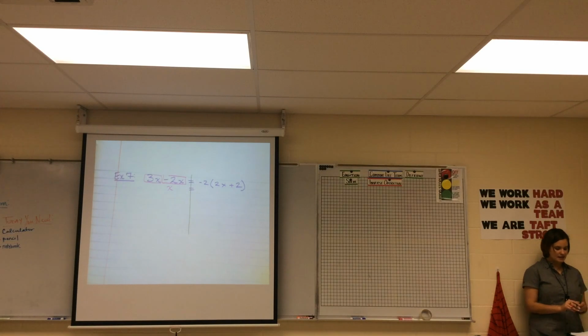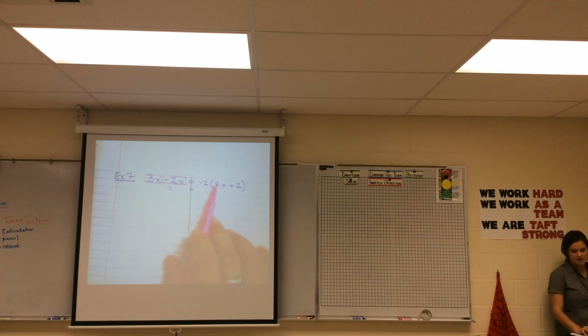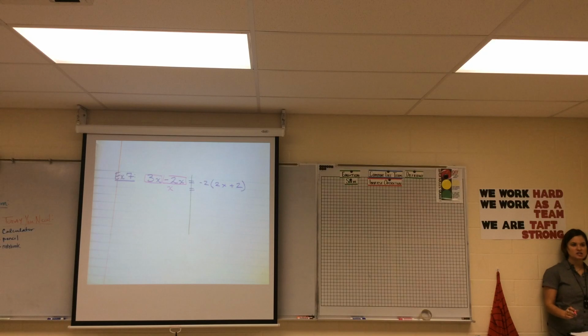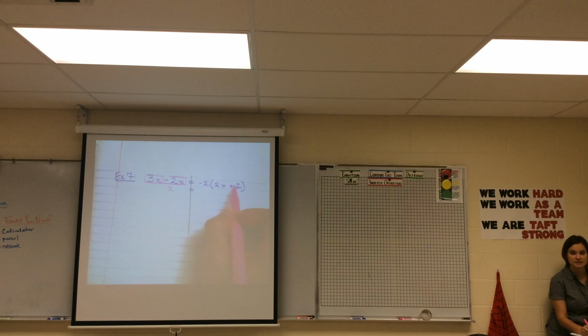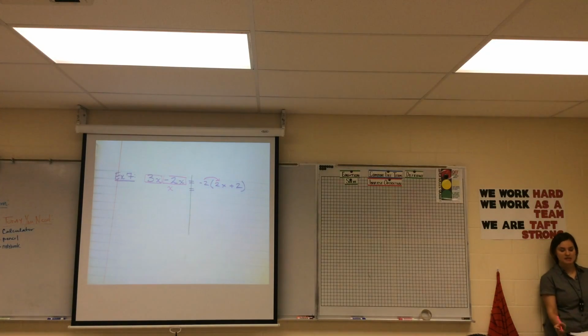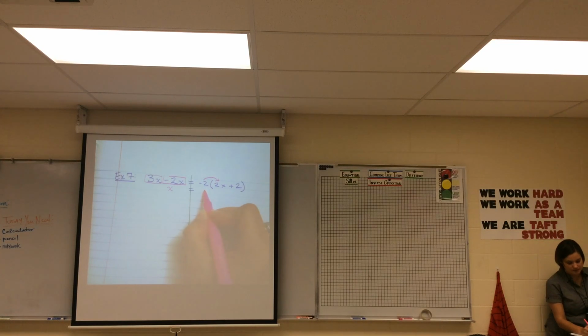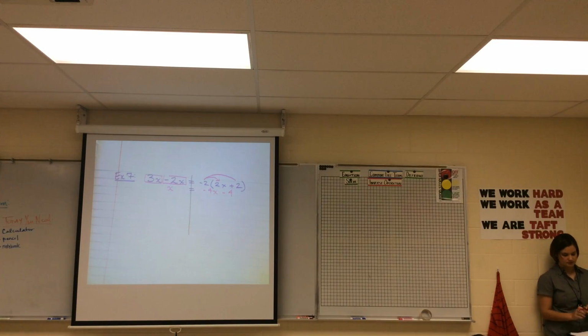And then on the right side, I have negative 2 times 2x plus 2, so what can I do? What's that called when we multiply across the parentheses? Distribute. Beautiful. So negative 2 times 2x is, very good, negative 4x. And negative 2 times 2 is negative 4.